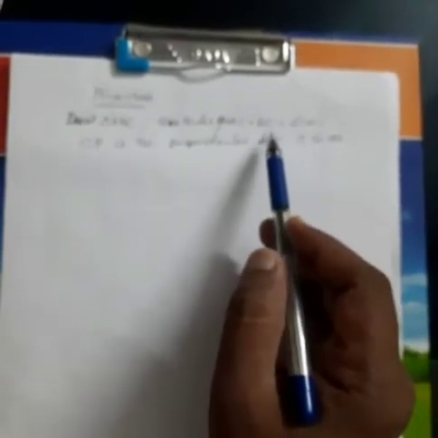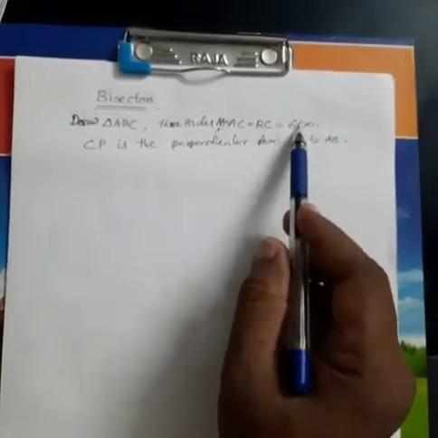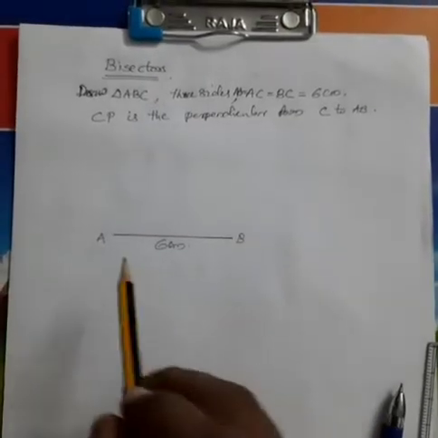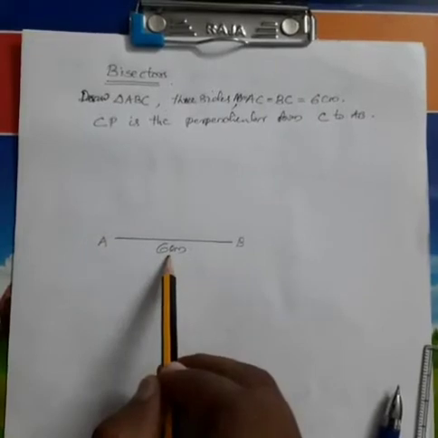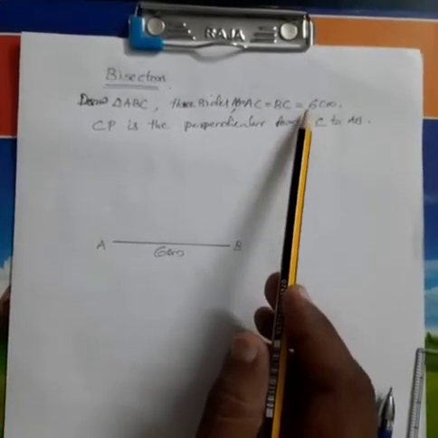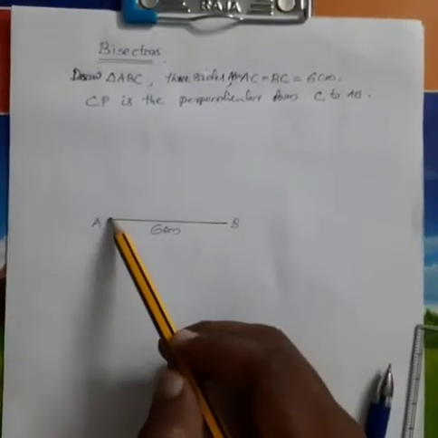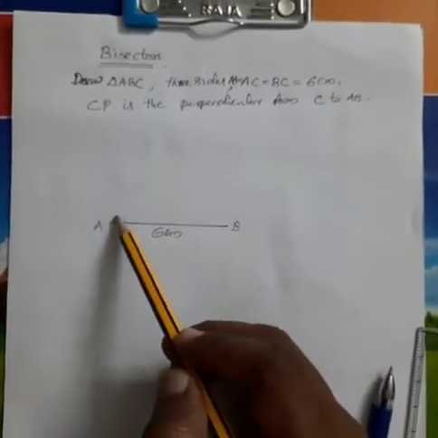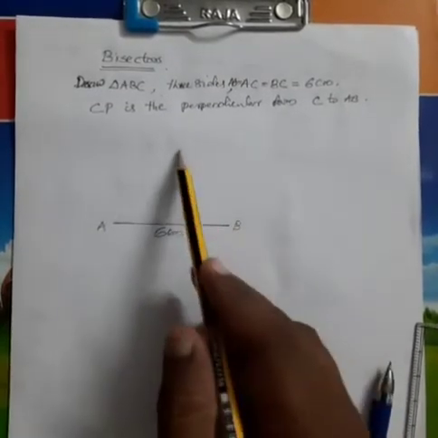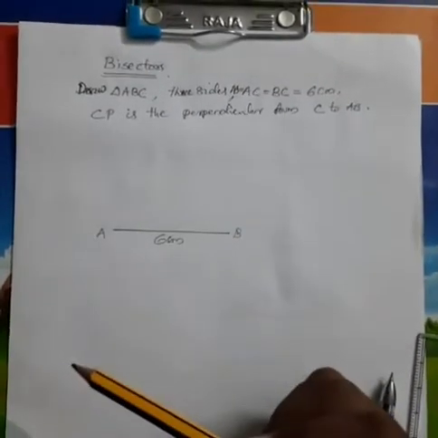First you have to draw AB with 6 cm. Next AC and BC are also with the same length. So you have to draw 6 cm from this side, and from the side B you have to draw 6 cm. How do you draw that?